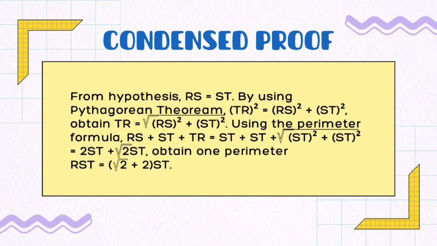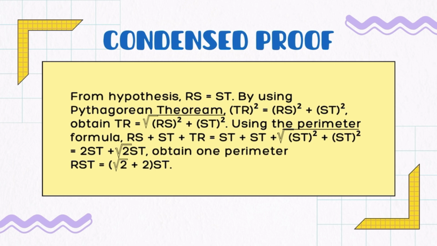Condensed proof. From the hypothesis, RS equals ST. By using the Pythagorean theorem, we know that TR squared is equal to RS squared plus ST squared. Obtain TR equals square root of RS squared plus ST squared.